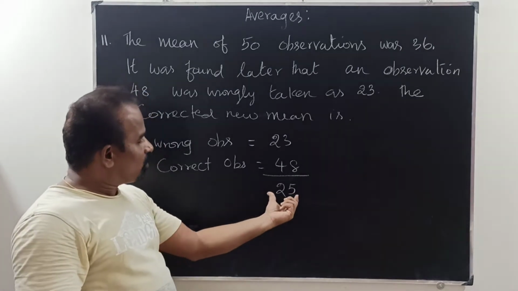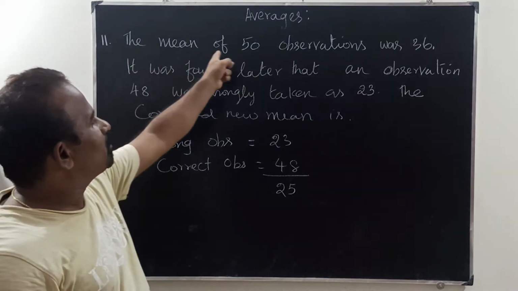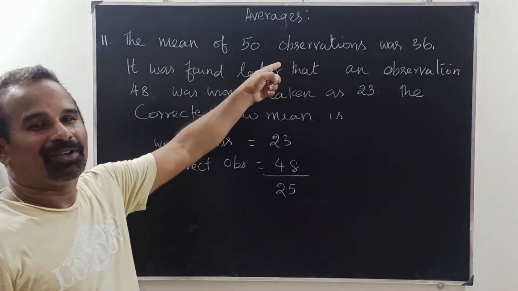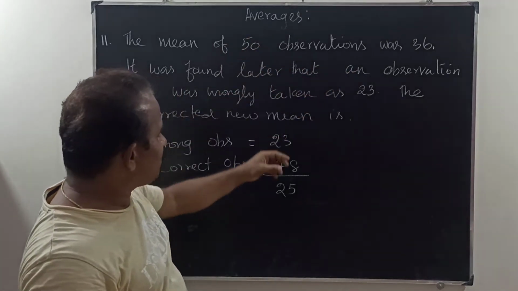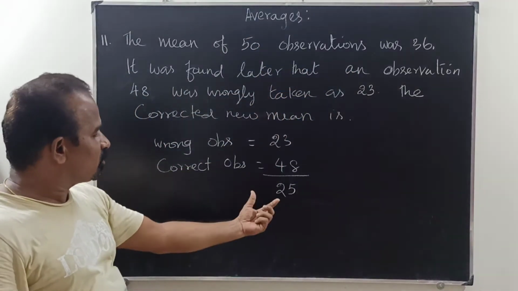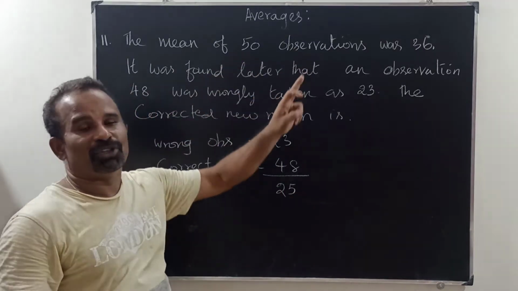Actually, in the calculation, that 25 is missed. So the 25 is added to all the 50 observations. Because there are 50 units for finding the average, we have to distribute this 25 into all 50 observations.